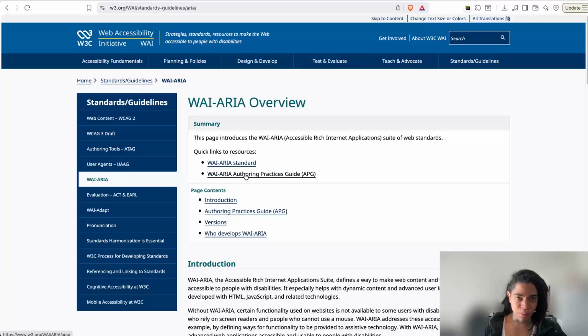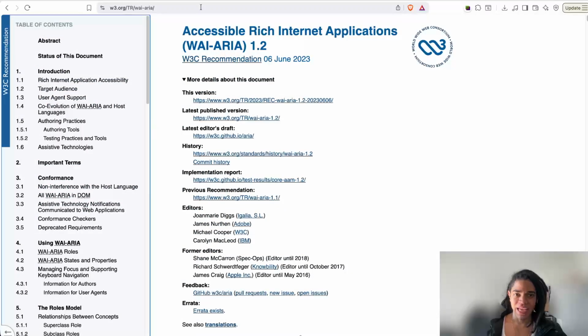Whether it's the authoring practices, okay, and this is revealing certain patterns that web authors have to build, or that are recurrent across different content. And then you have the ARIA standard here, Accessible Rich Internet Applications.